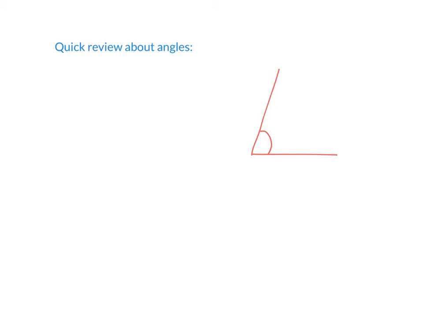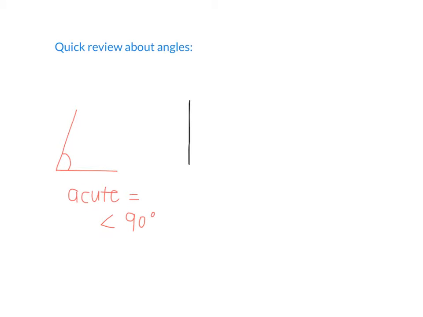There are 3 kinds of angles. An acute angle is an angle that is less than 90 degrees. Is this more or less than 90 degrees? Less. So that is an acute angle. Very good. Then we learned about another kind of angle yesterday. Here's a line segment, and here's a line segment, and where they meet, it forms what's called a right angle.